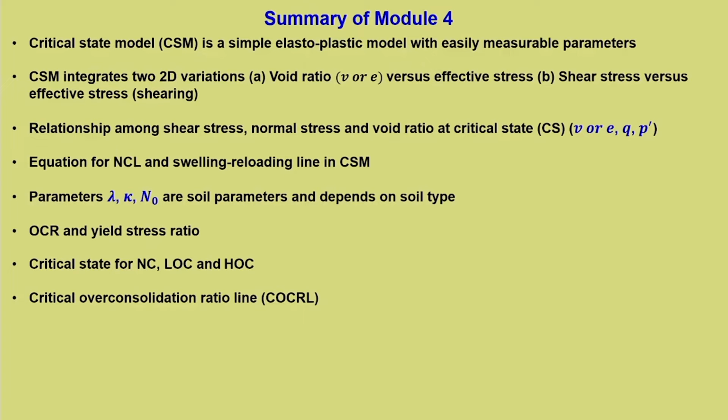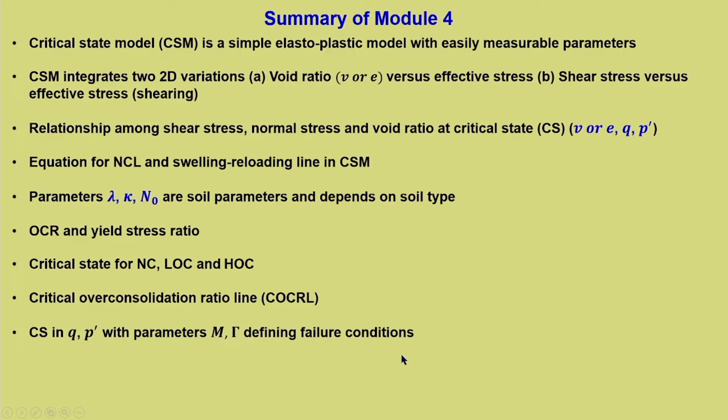But COCRL is the line which actually separates normally consolidated and LOC from HOC. There is a small difference between both. Critical state in q-p' with parameters M and gamma defining failure conditions.